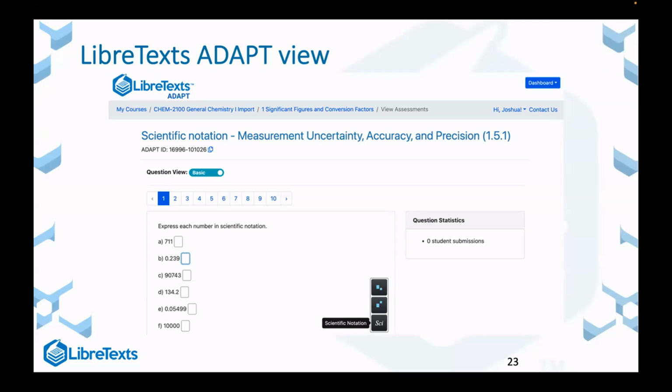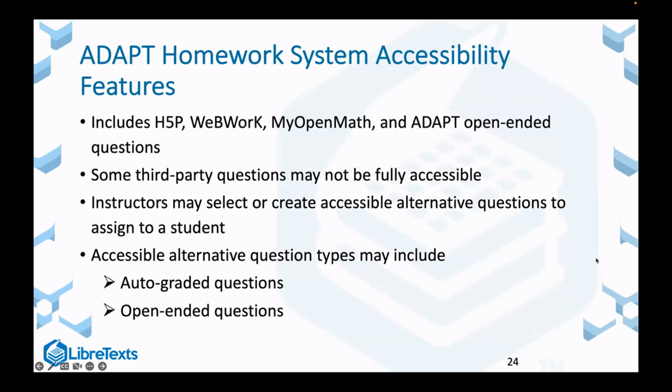And then just a little bit more. So LibreTexts Adapt is a homework system. So it's summative, as opposed to the H5P activities that are formative and could be embedded directly on a LibreText page. It supports a variety of different types of questions, including some native question types, but also H5P, MyOpenMath, and WebWork questions.